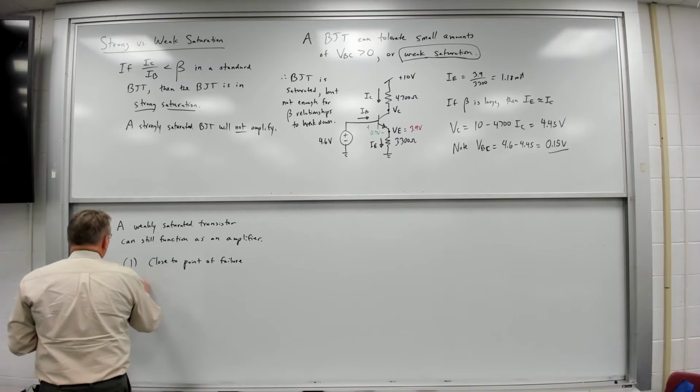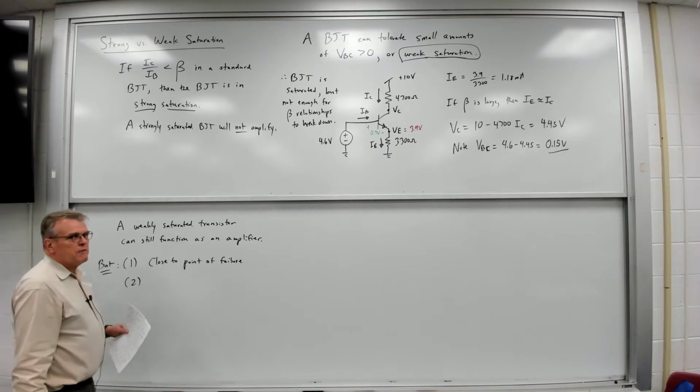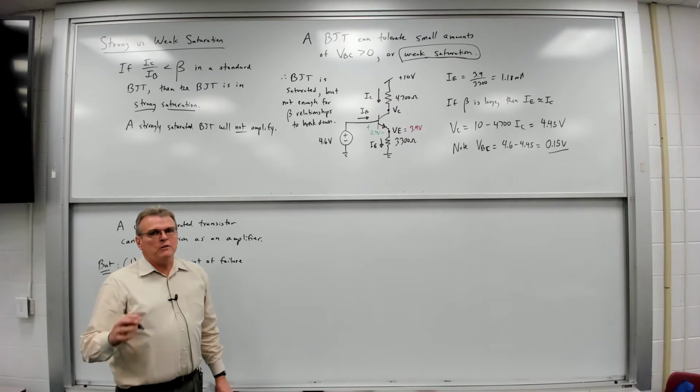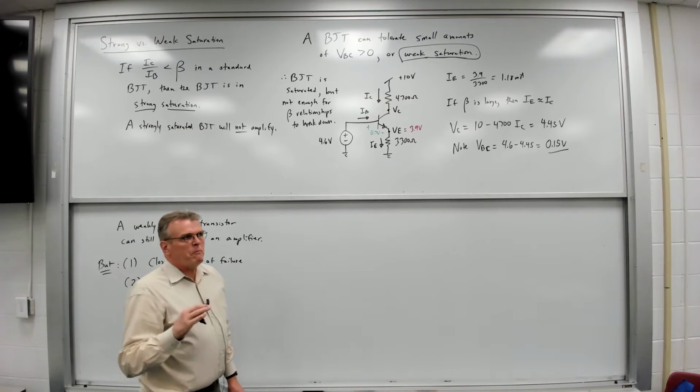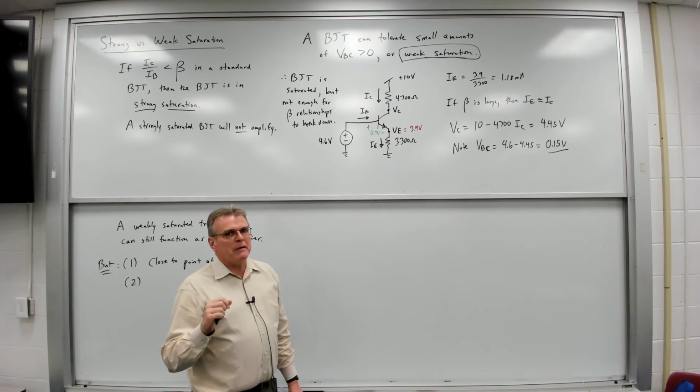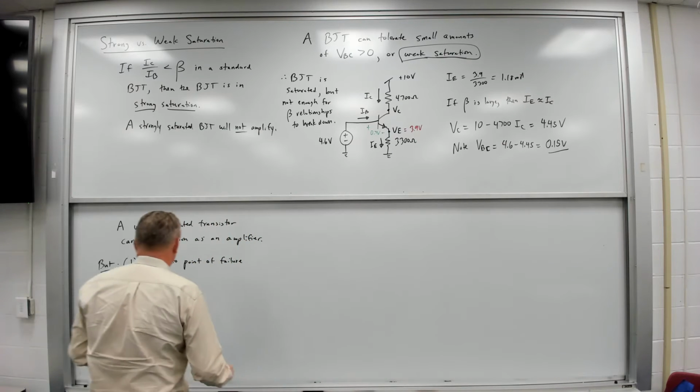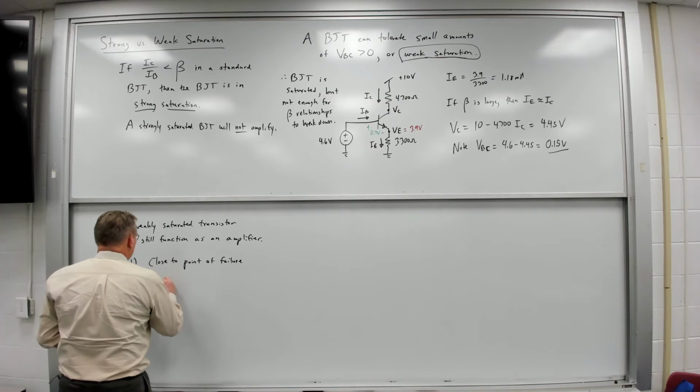Secondly, any degree of saturation can result in a type of failure that can happen in integrated circuits. And you absolutely want to avoid this entirely. This is called latch-up.